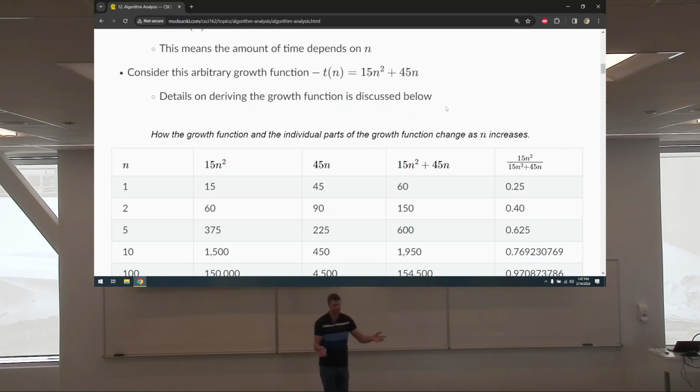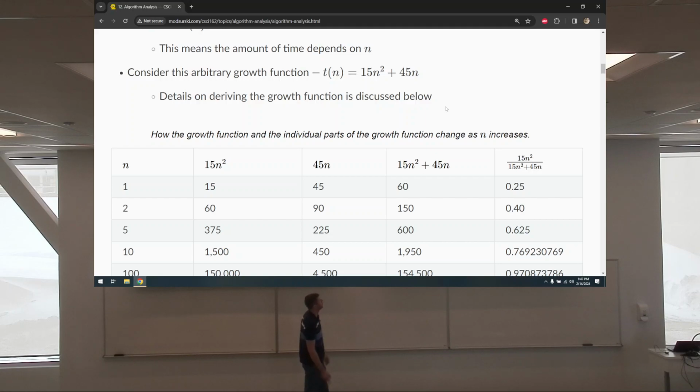When n is 1, 15 units of work came from the 15n squared part, and 45 came from the 45n part. So clearly, which part was worse when n was 1? Well, the 45. Why? Because 45 is bigger than 15, right?